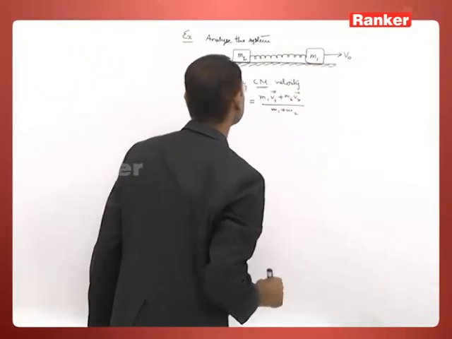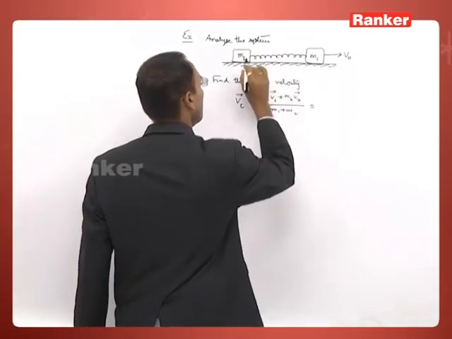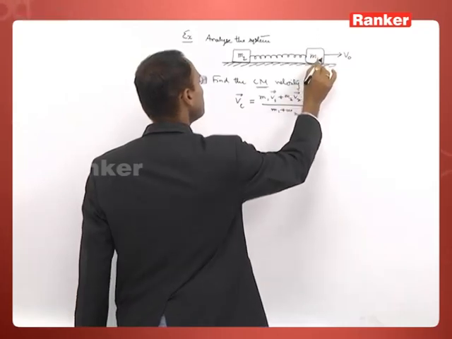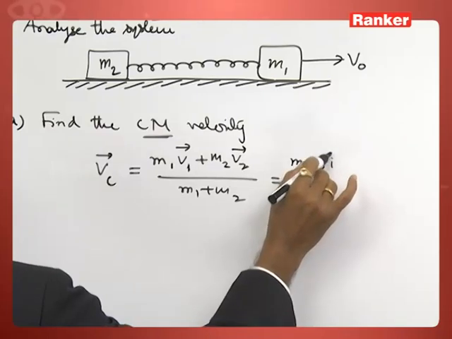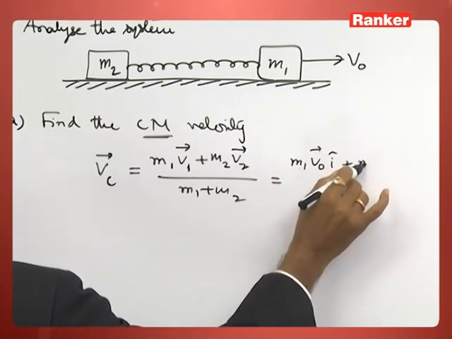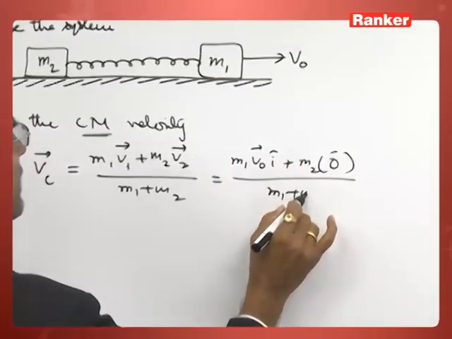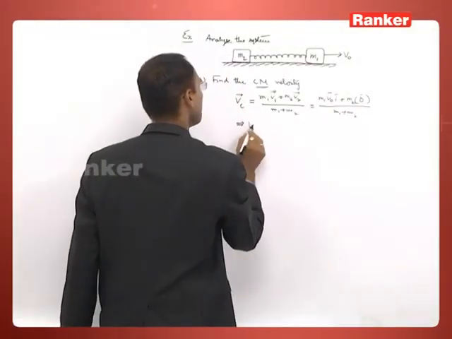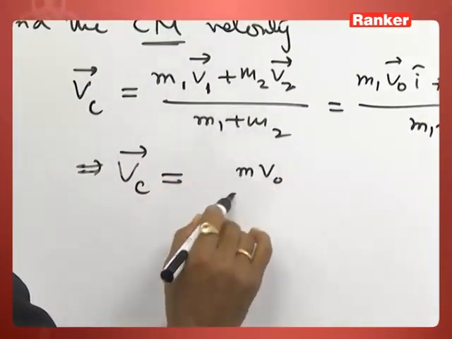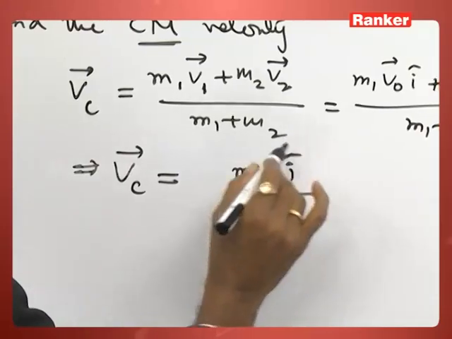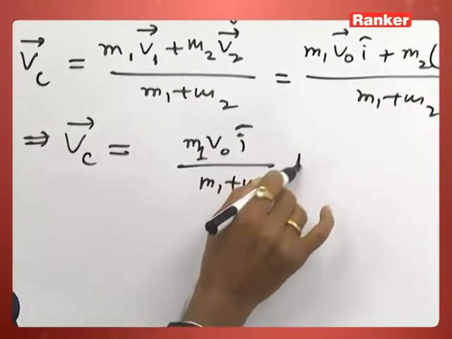At this instant, velocity of m2 is 0 and velocity of m1 is v naught i cap. This gives us the velocity of the center of mass as m1 v naught i cap by m1 plus m2. Answer.